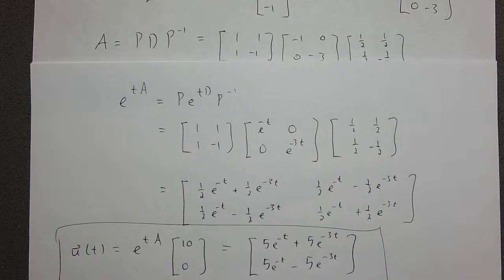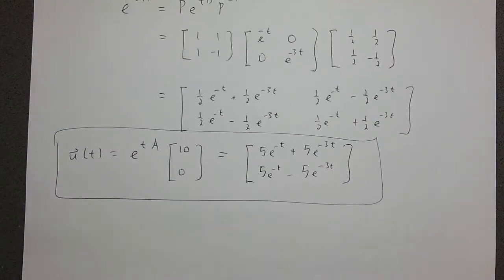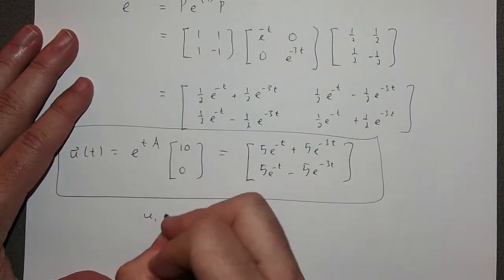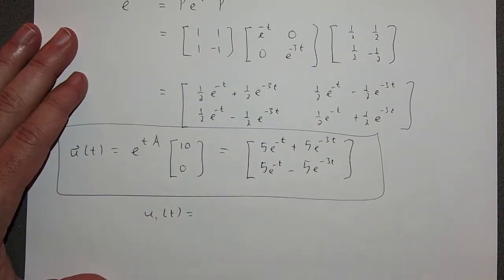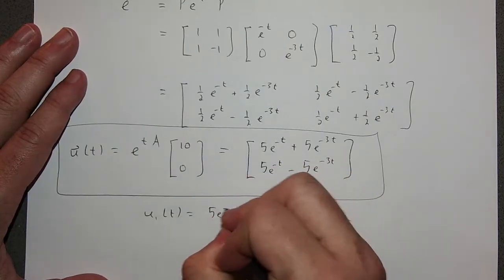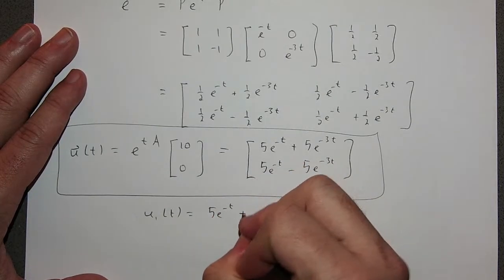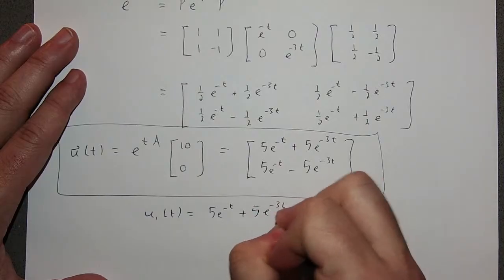And so what this tells you is that, going back to that original problem, u1 of t, the function that governs the temperature in the first region of that bar, is 5e to the minus t plus 5e to the minus 3t.